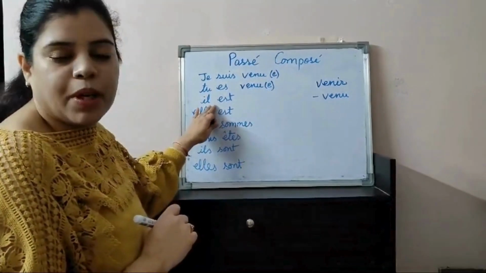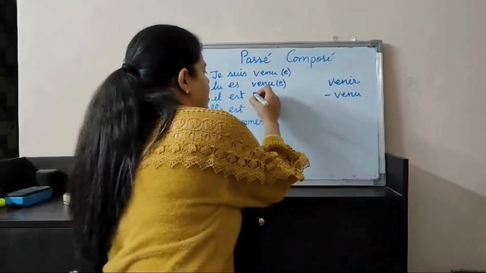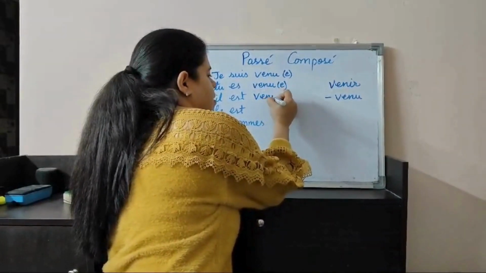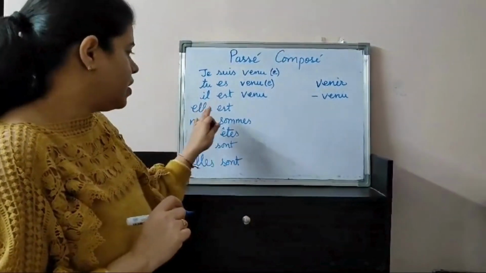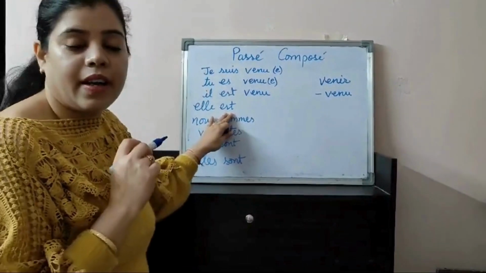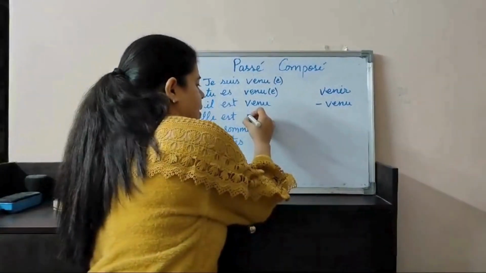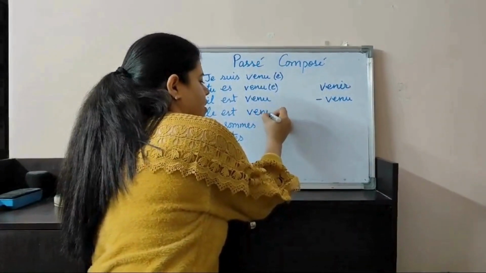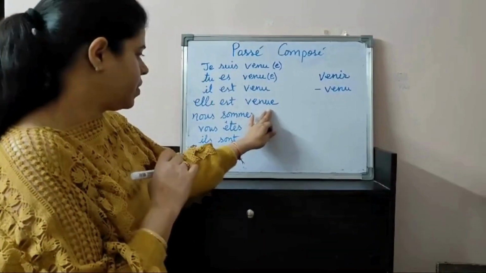Now with il, because il is always masculine, the past participle will remain the same and no accord is required. Now with elle, our subject is always feminine. That's why with the past participle, we always need to add e to make it feminine.